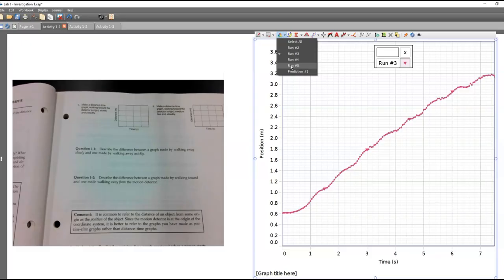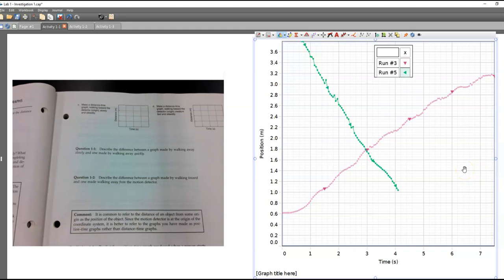Walking towards would have a negative slope, so let me go ahead and show that one. Now you see, the green one is walking towards, and the red one is walking away. So as you can see, walking towards would have a slope that's sloping downward, whereas walking away would have a slope that's going upward. Okay? Everything good so far, right?